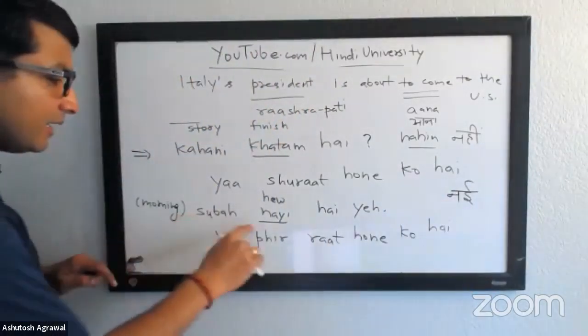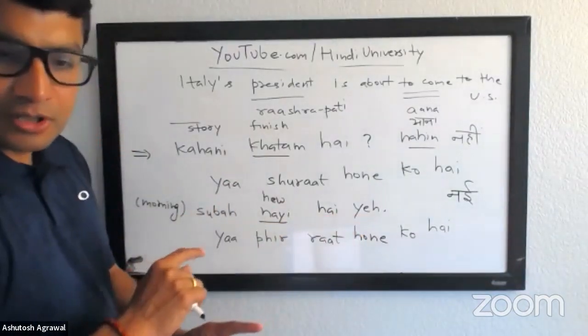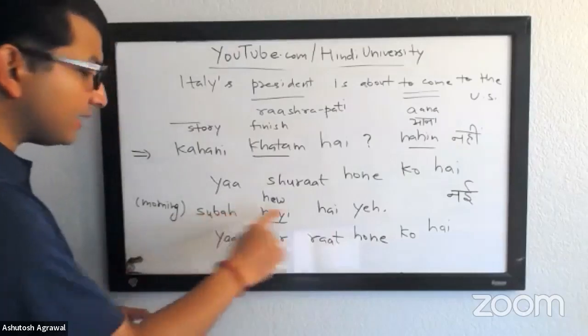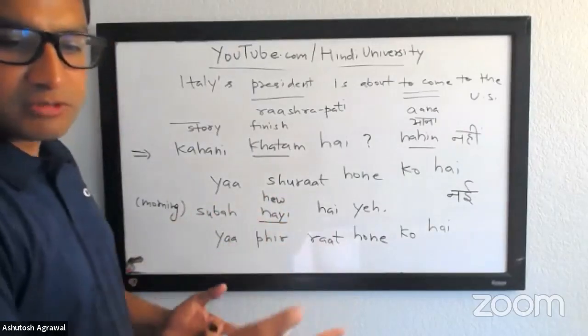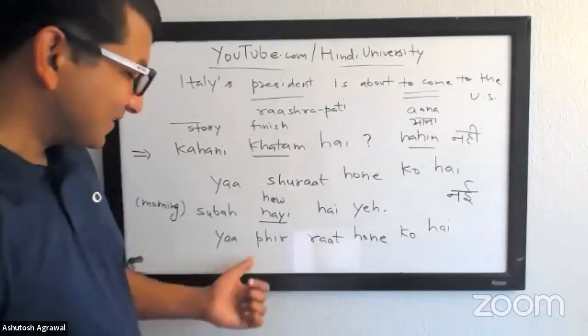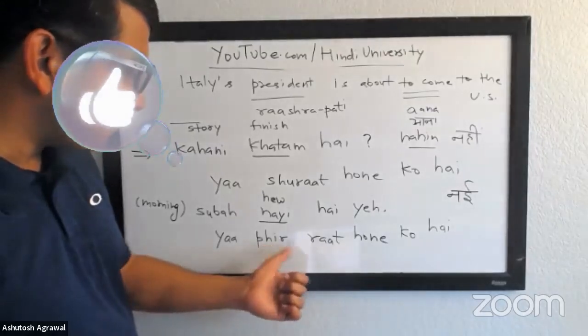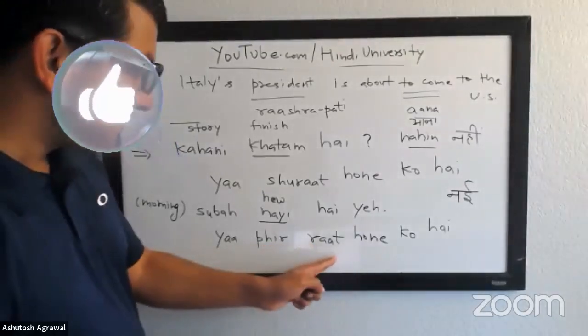Then it says subah nai hai ye. The order is changed. You can say yeh nai subah hai. This is a new morning. Or is this a new morning or another night?